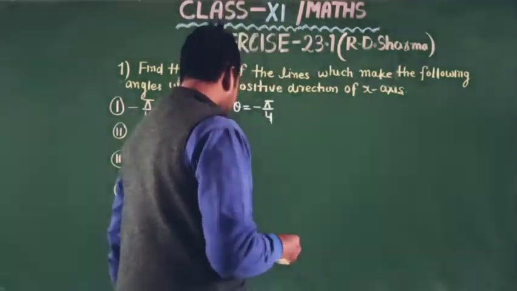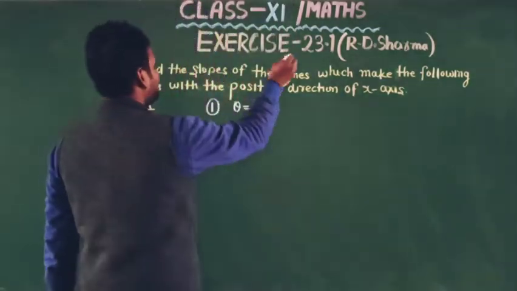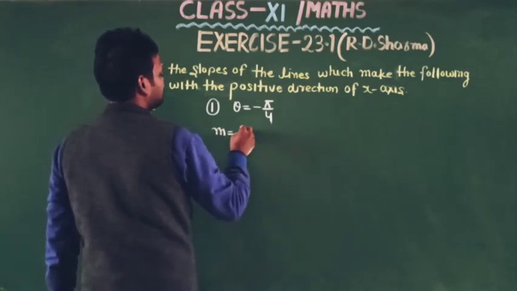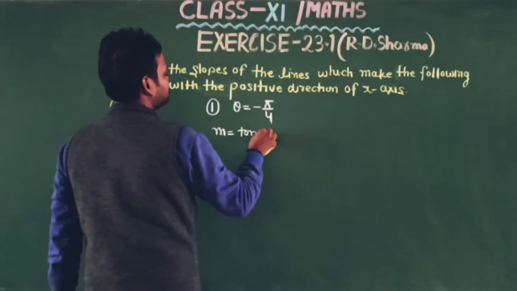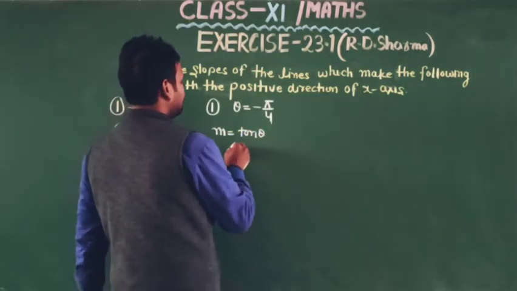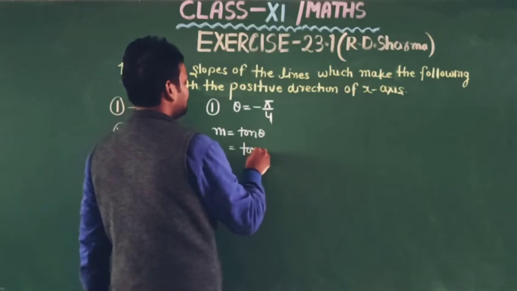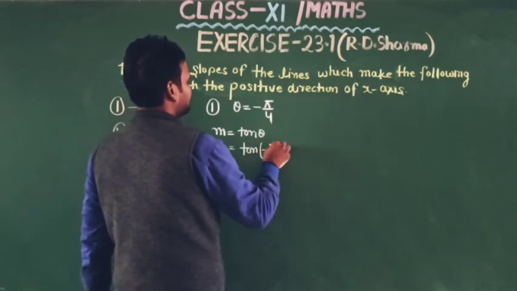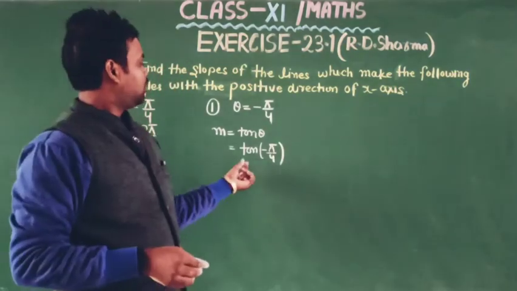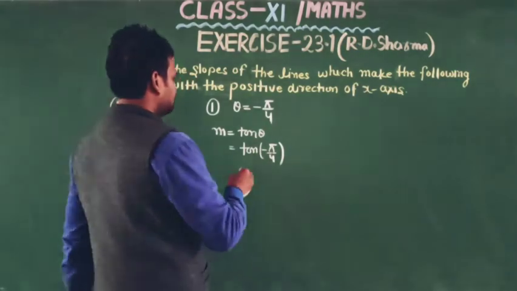So the slope of the line is m equal to tan theta. Here the value of theta is minus pi by 4, so tan of minus pi by 4.